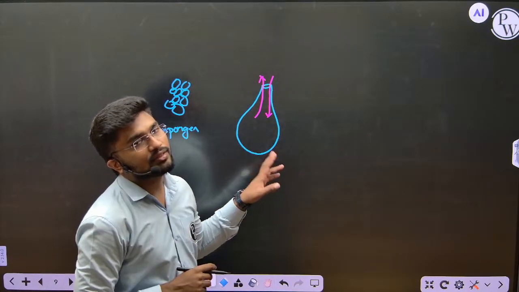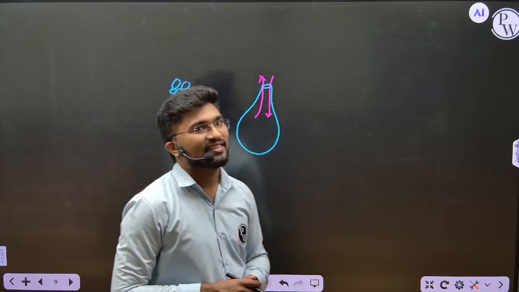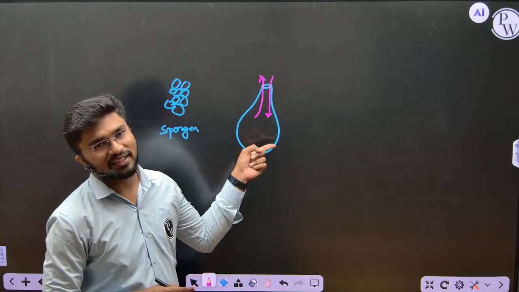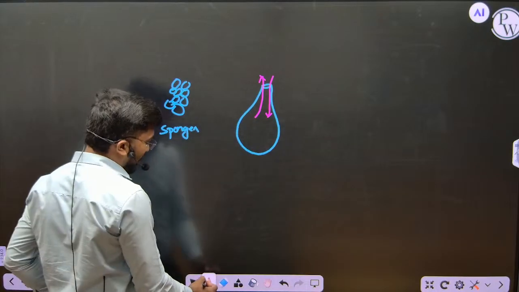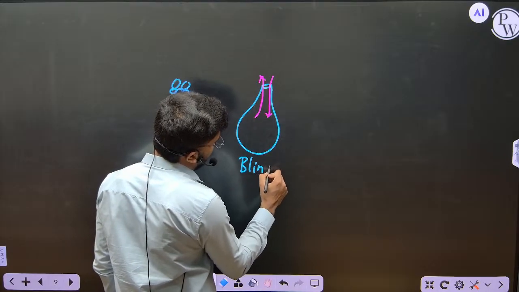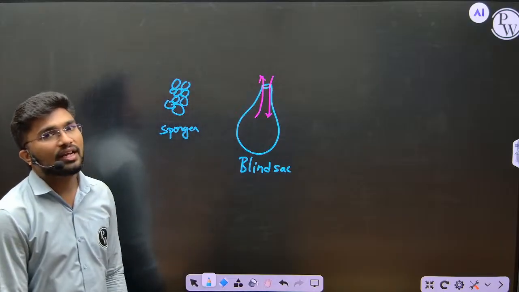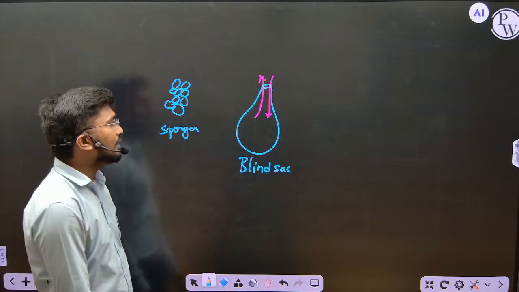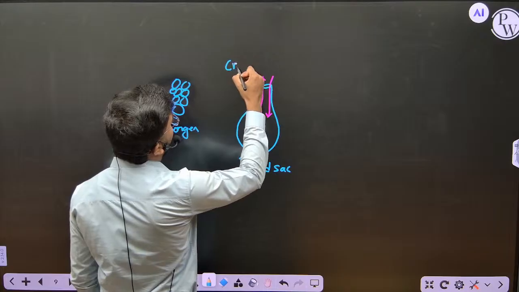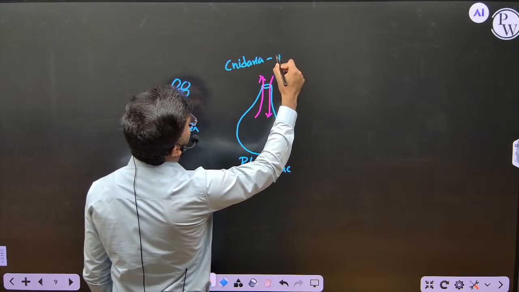Got it? This type of body plan is called the blind sac body plan, as opposed to cellular aggregation. Who will exhibit the blind sac body plan? From Cnidaria up to Platyhelminths.